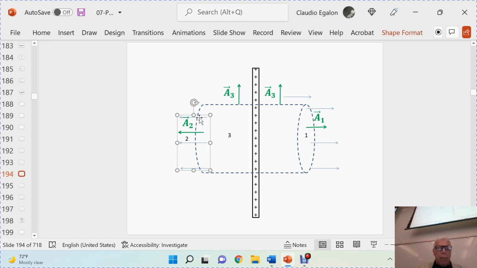Qualitatively speaking, we know that the electric field is going to be in this horizontal direction. And remember, we are talking about an infinitely large plate.